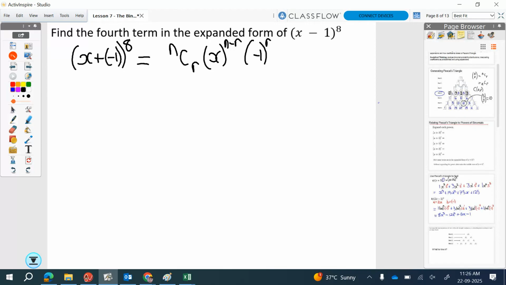So for the fourth term, we need 8C3 x to the 8 minus 3, negative 1 to the 3. This will give us the fourth term in the expanded form. Have a go at finding this value now for yourself.